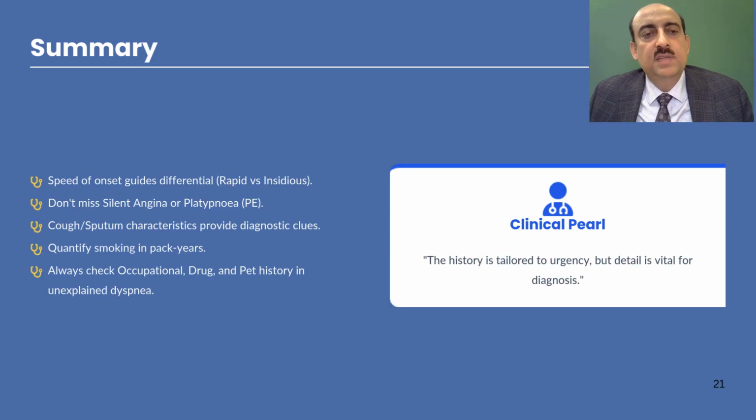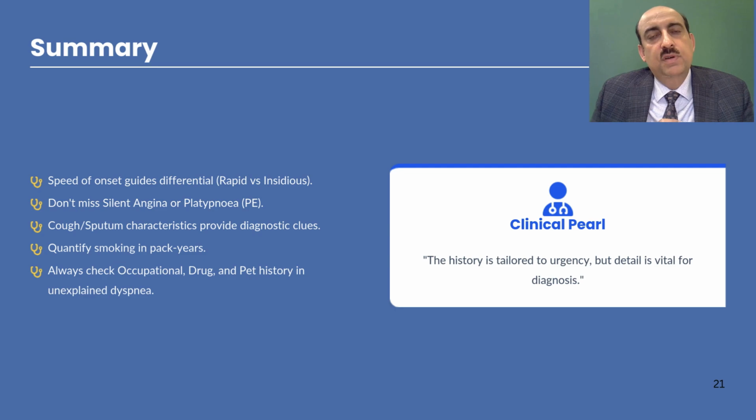And finally, the summary for the history taking part of dyspnea. Do not forget some of the key factors in terms of the onset of dyspnea, between rapid and insidious, and all the features. Don't miss silent angina or platypnea, because these can be some of the rare causes of shortness of breath.